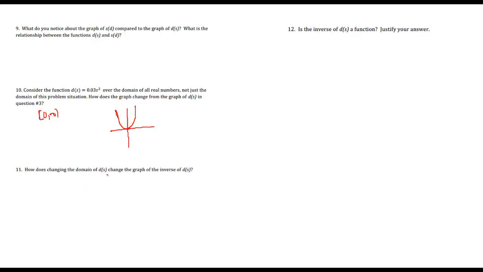Now, how does changing the domain of d of s change the graph of the inverse of d of s? Okay, well, if I was to reflect this all over the line of y equals x, I'm going to come out with something that looks like this.